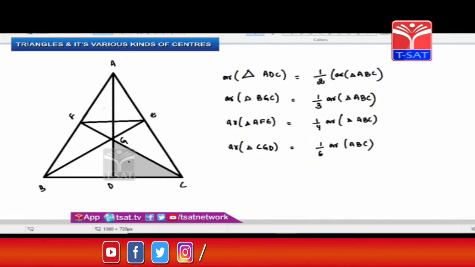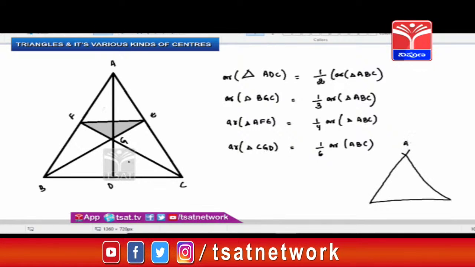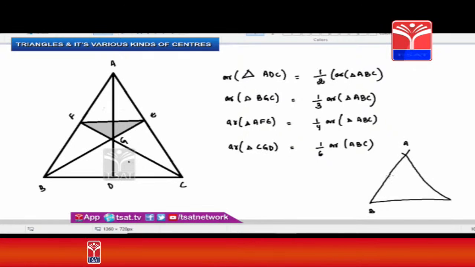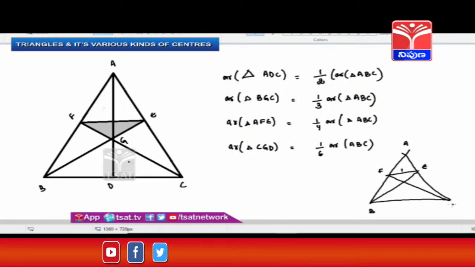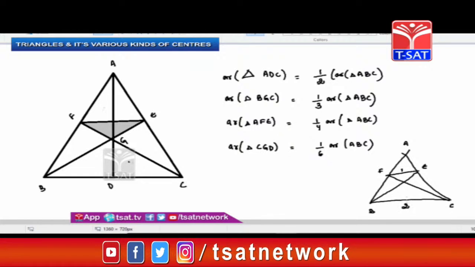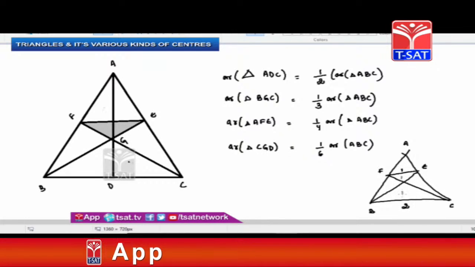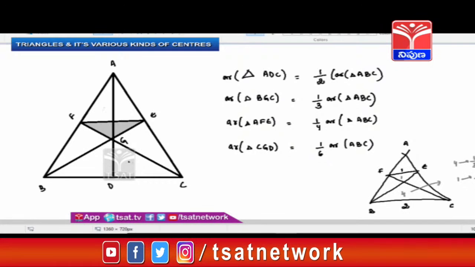Now again you consider ABC, here EF I am drawing separately. We know this EF and BC are in the ratio 1:2, so their areas will be in the ratio 1:4. This triangle is 1/3. If 4 parts is 1/3 of a triangle, therefore this one part becomes 1/12 of the triangle.